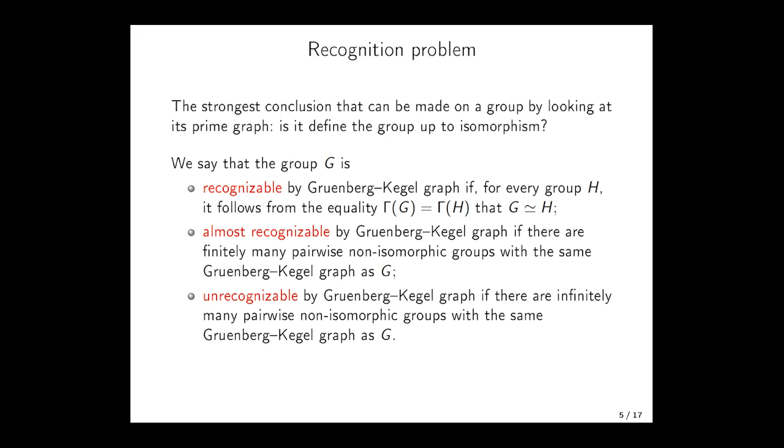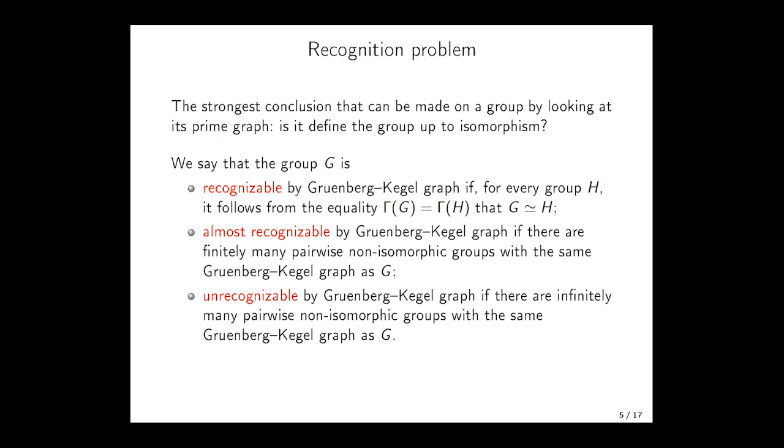Almost recognizable if there are finitely many pairwise non-isomorphic groups with the same Gruenberg Kegel graph as G, and unrecognizable if there are infinitely many pairwise non-isomorphic groups with the same Gruenberg Kegel graph as G. And we'll say that the recognition problem is solved for a group G if we are able to establish one of these points.